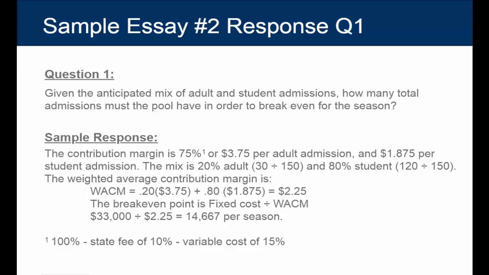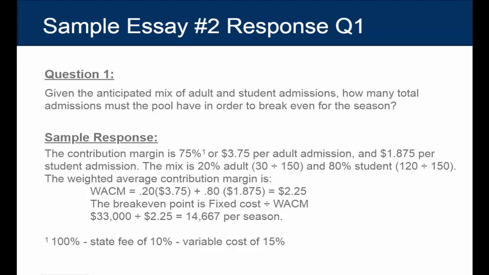The next step is to calculate the weighted average contribution margin. By applying the 20% for adults to the $3.75 and 80% for the students to the $1.875, we calculated a weighted average contribution margin of $2.25.